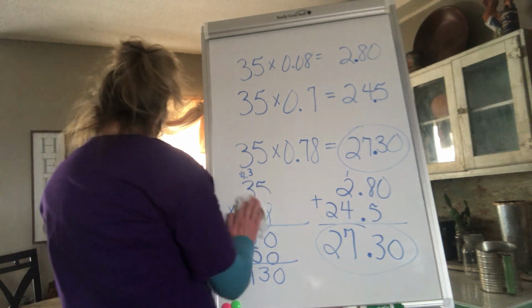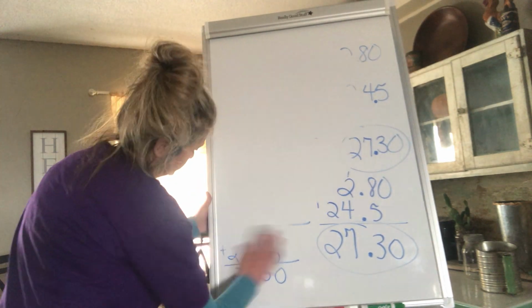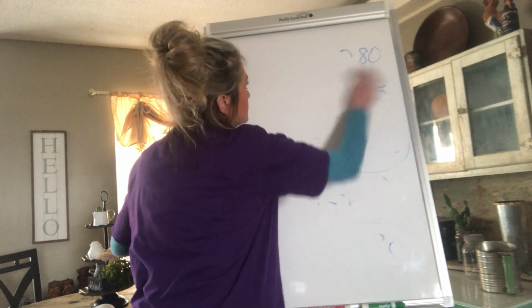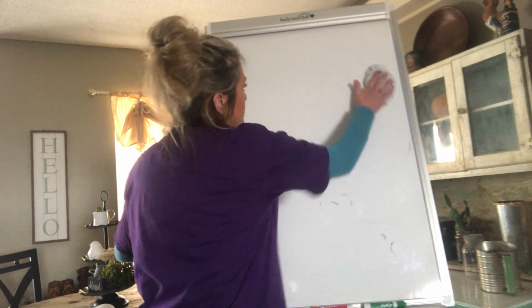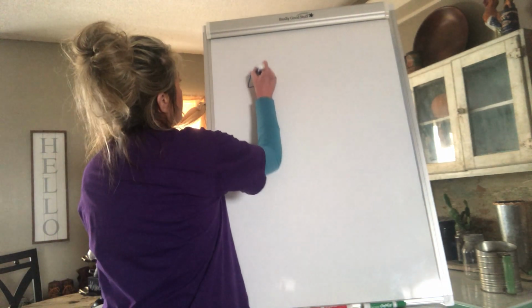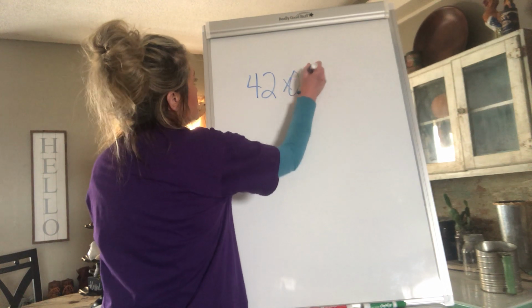Okay, and then the last one that it gives us. All right, the next one that it gives us is 42 times 0.66.